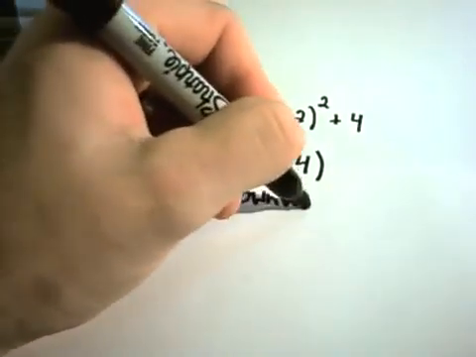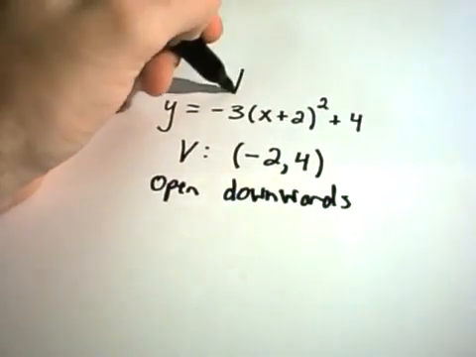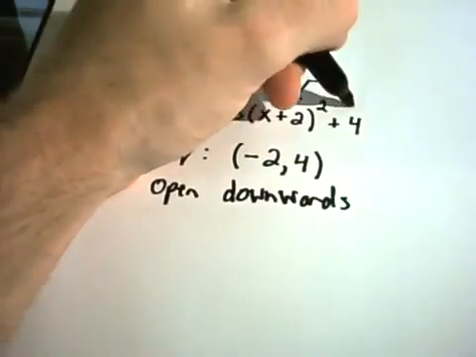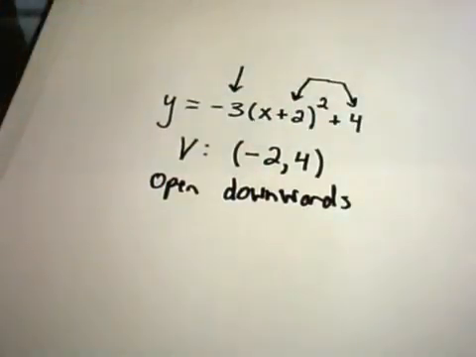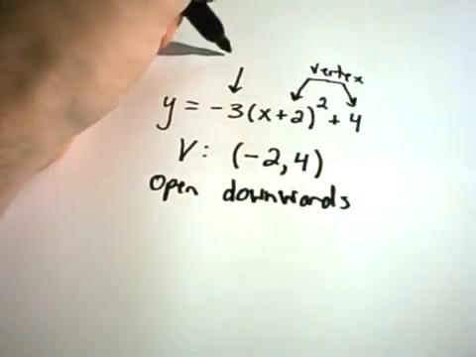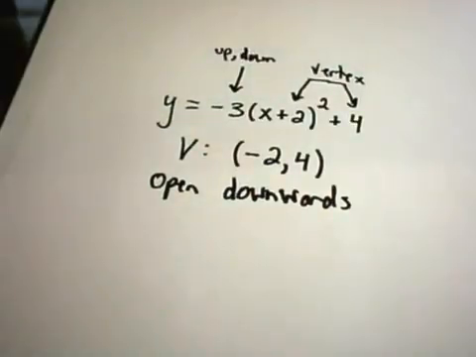The only thing that matters in terms of it opening up or down is the number out front, and the only thing that affects the vertex are these two numbers.